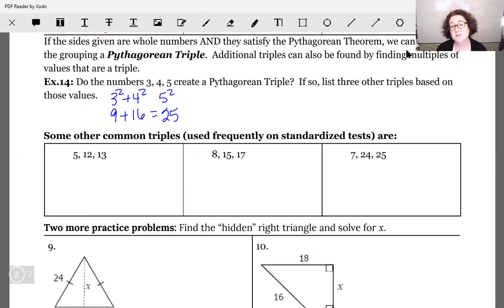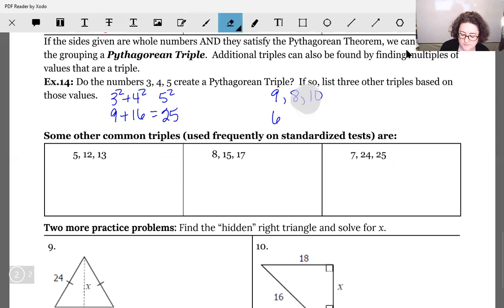And in fact, I can cheat the system a little bit because if I notice that 3, 4, 5 make a triangle, if I put that together with what we just talked about for similar triangles, I know a triangle that's twice as big would still be a right triangle, or 3 times as big, still a right triangle. And so I can look at those multiples.